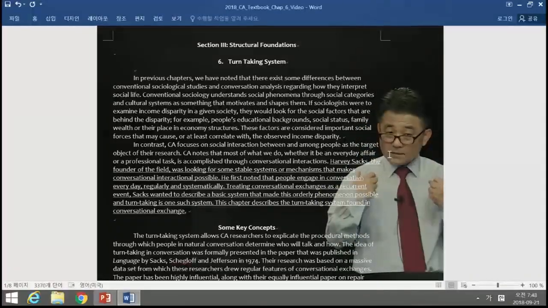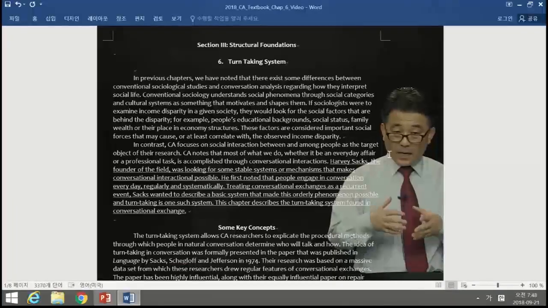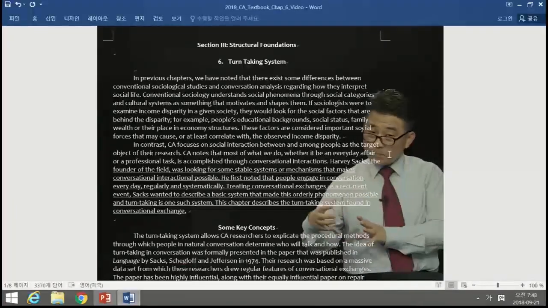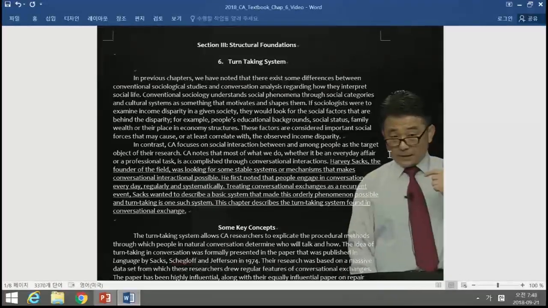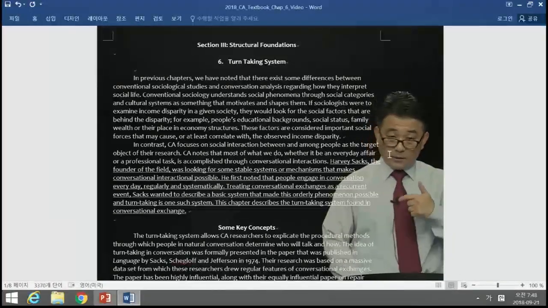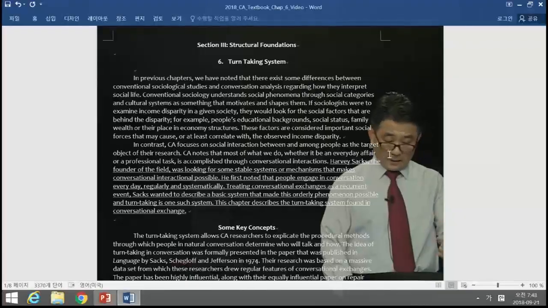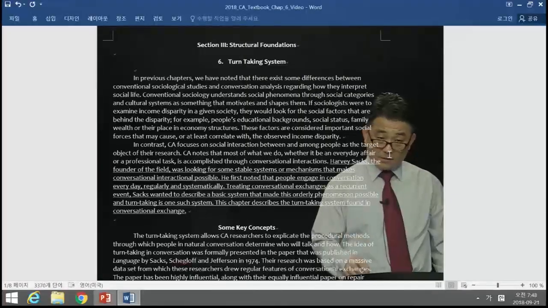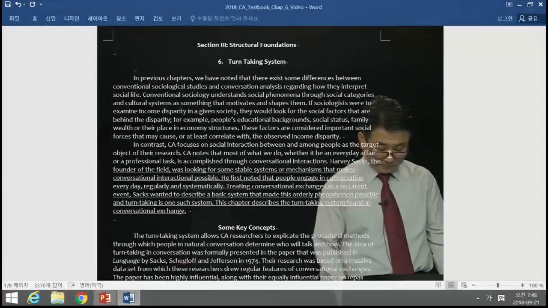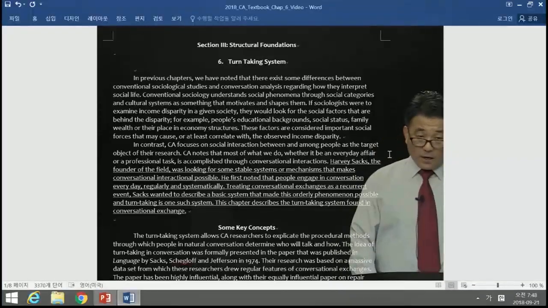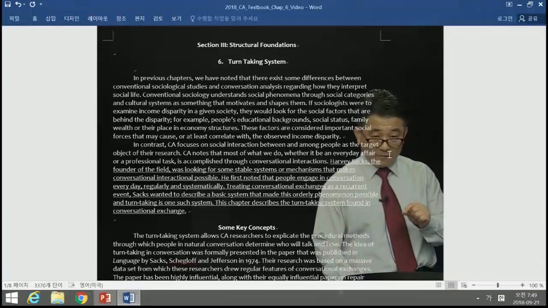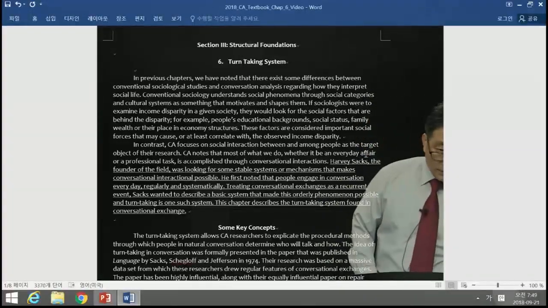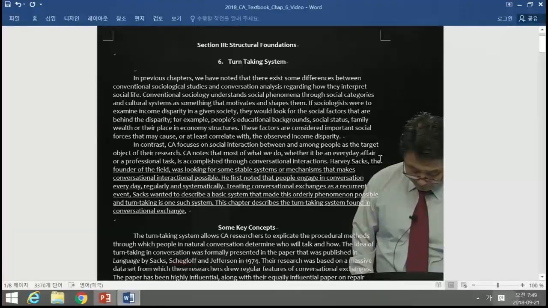Once he found the system, he can explain how conversation is being done. Right? So that's the premise of the system he wanted to discover and develop. And turn-taking system is one such system. So let's go through some key concepts. And in doing so, we're going to explore the questions that Harvey Sacks was trying to find answers for.